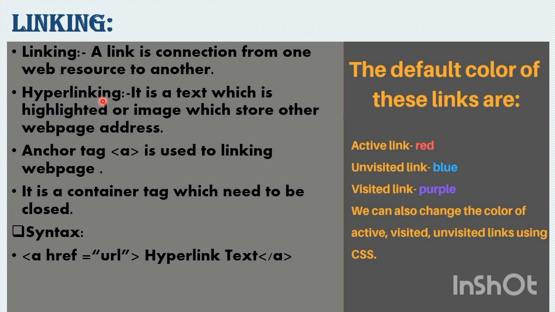You have to click somewhere, then only you will be redirected to another web page. So that text or the image is called hyperlink. It is a text which is highlighted or an image which stores other web page addresses.